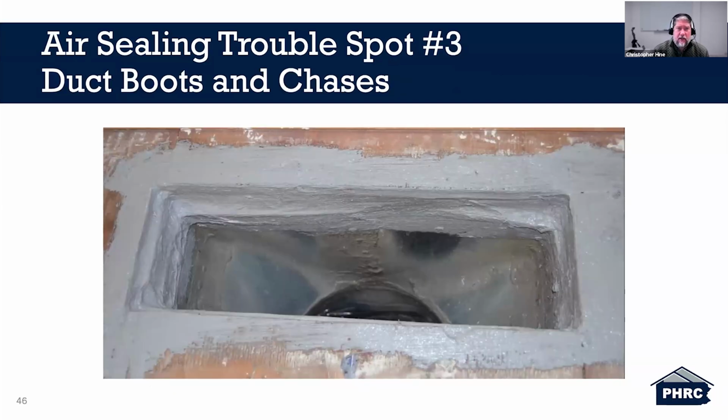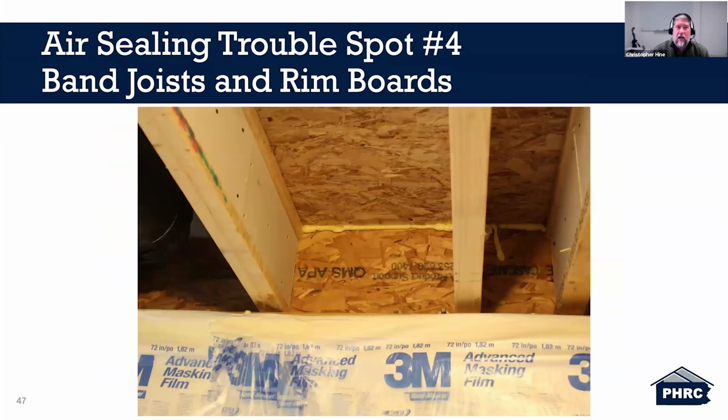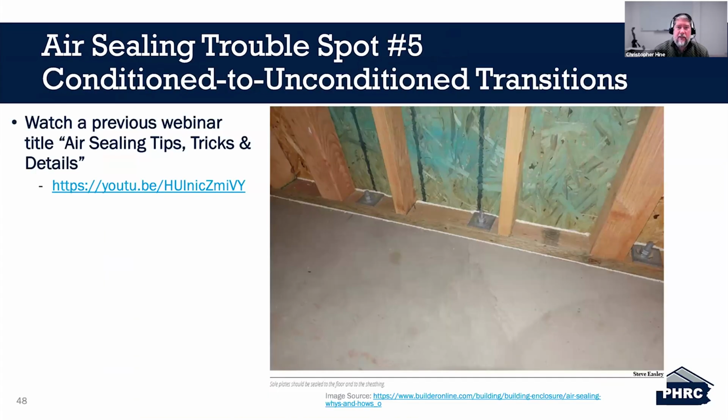The next one here is duct boots and chases, and it's crazy the amount of air that leaks between the duct termination point and the flooring level or the ceiling level, just because it doesn't get sealed. The band joist, and this one here is between conditioned and unconditioned transitions. How many of you have seen this?